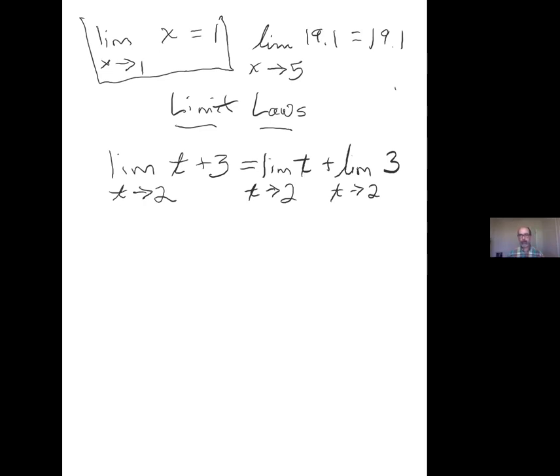We have to be a little careful about what we called it, but we're basically distributing the limit. Then we know the first part from the first thing that we did up here: that's just whatever t is going to, which is 2. The second part is just a number, so we can do whatever the number is. That's exactly as if we substitute in, like Professor Johnson said. So there we go.